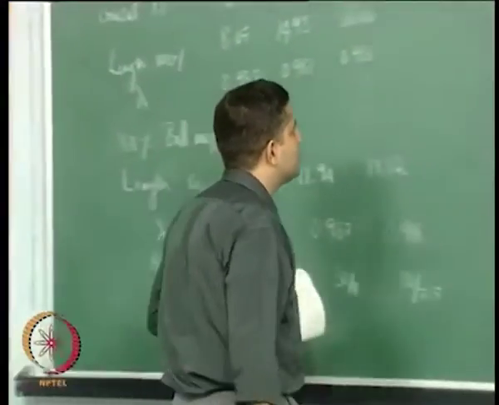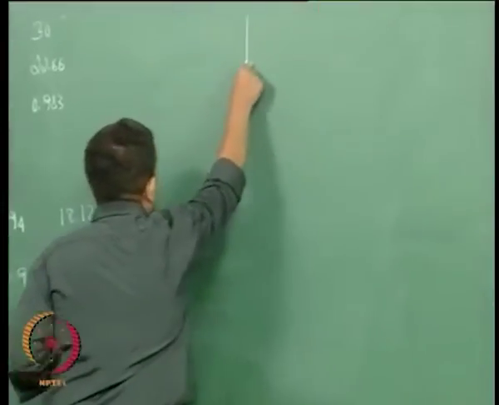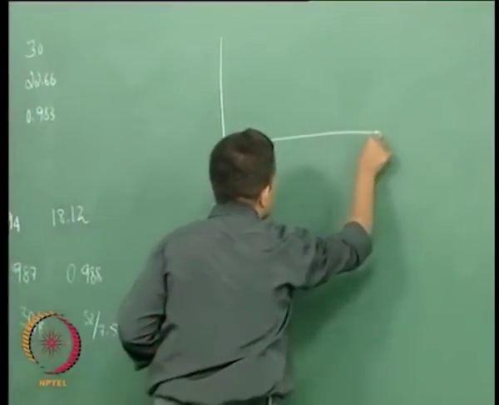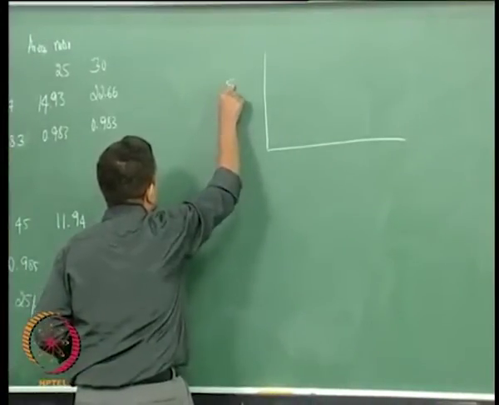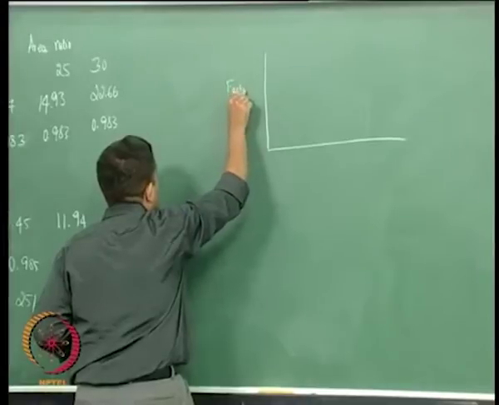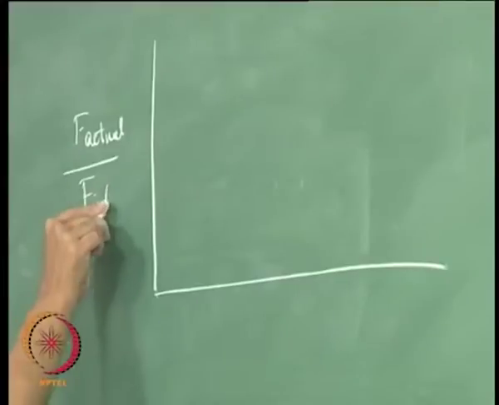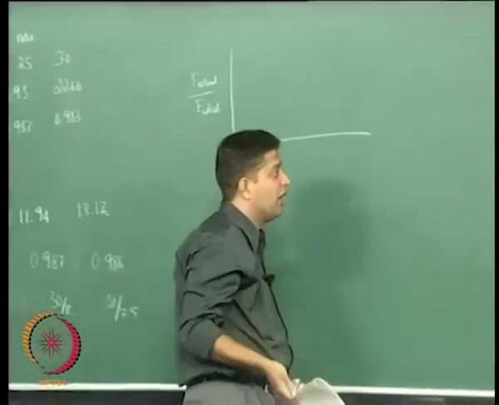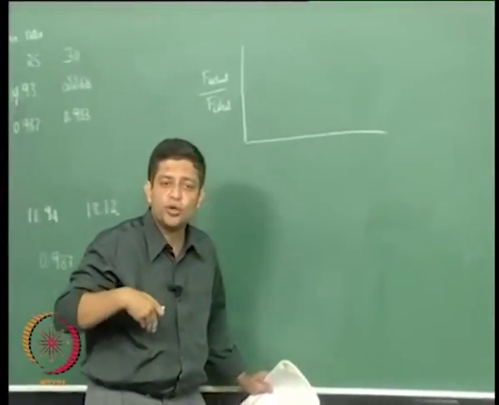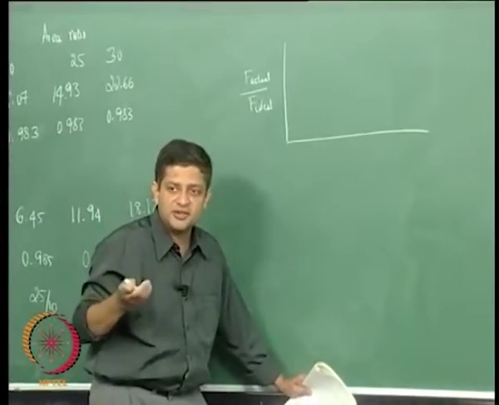If you look at the ideal thrust to the actual thrust, okay, and please remember that if you have a rocket motor, this is going through the atmosphere and therefore the altitude will change, right.